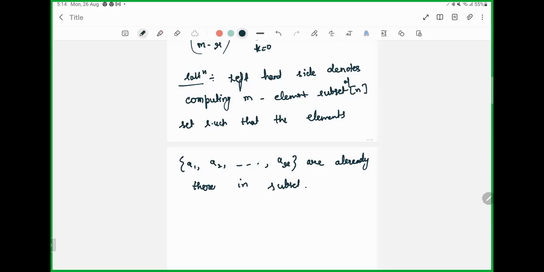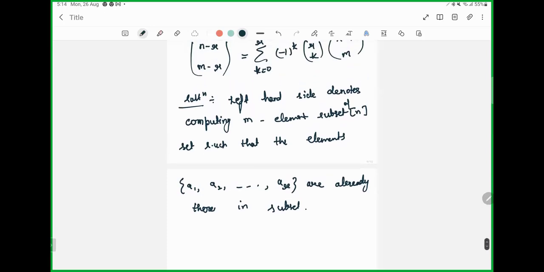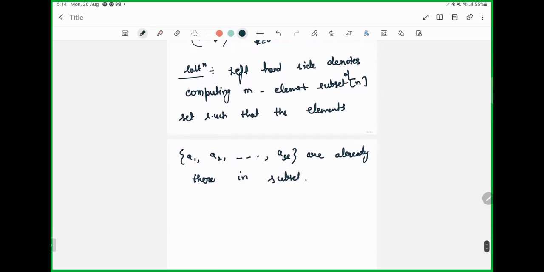So this is precisely n minus r choose m minus r. And what is the right hand side? This can be counted by PIE, the principle of inclusion exclusion, as follows.